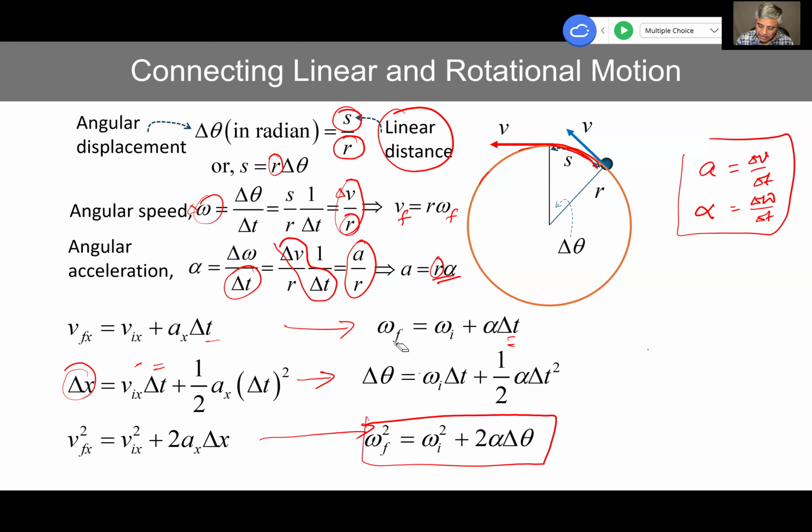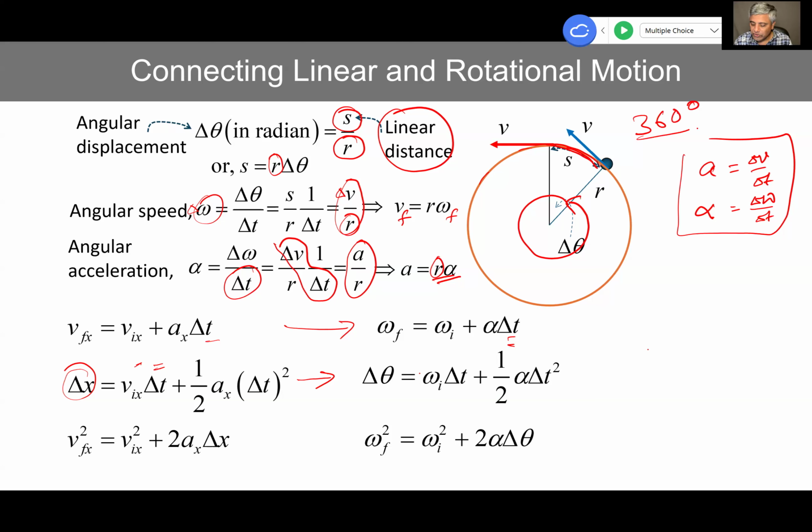So these are angular. When the angular displacement goes once around, what happens? It makes 360 degrees, but we want this in radians, which is 2 pi radians. So in one rotation, the angular displacement is 2 pi radians.